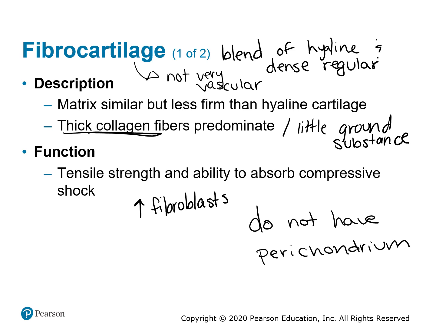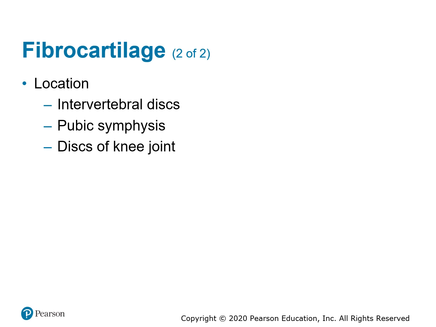You'll find fibrocartilage in places like your intervertebral discs. So in between the bones of your spine, you have that fibrocartilage. That's what allows you to jump and run and put any kind of pressure on your spine.